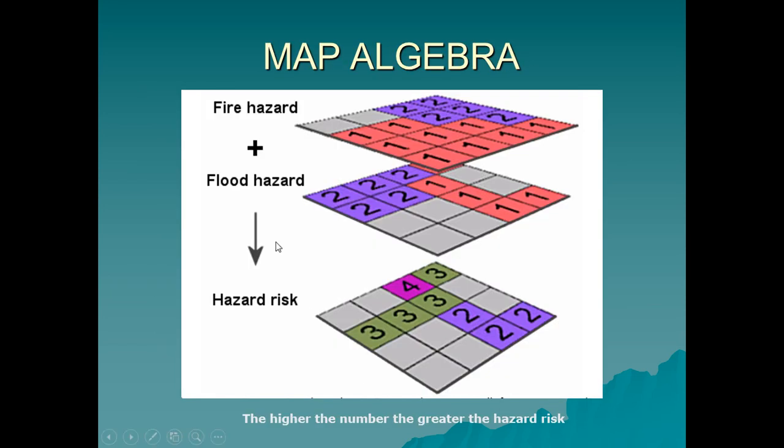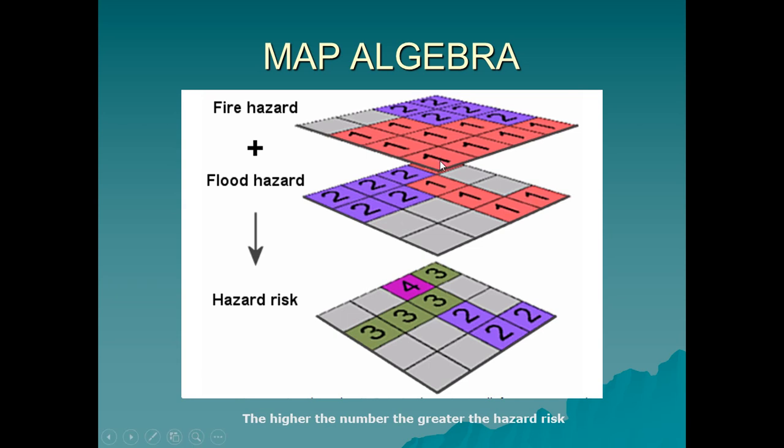So here's an example of how you will do analysis with raster layers. This is what we call map algebra. So we have 2 layers. We have fire hazard and we have flood hazard. Each cell value that has been assigned to the cells in a layer represents a level of fire hazard here or a level of flood hazard here.